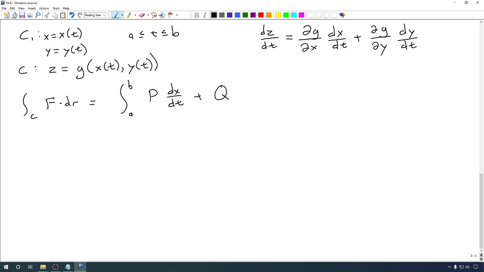Then we have the second component of F times the second component of r prime, plus the third component of F times the third component of r prime. Of course, this is the one that we're going to have to change to involve g. So I'm just going to take dz/dt and replace it with that.